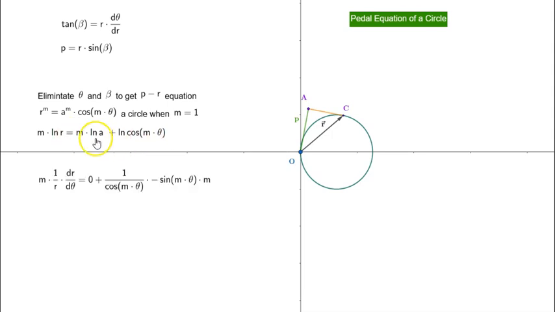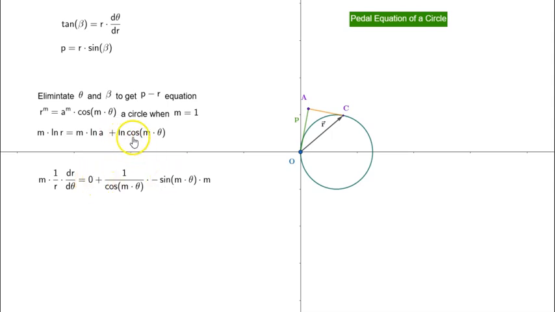Now we differentiate this. m times derivative of natural log is 1 by. So 1 by r times, now we have to differentiate r. So dr by d theta is equal to, m is constant, a is constant. That means its natural log will also be constant. So 0 plus.